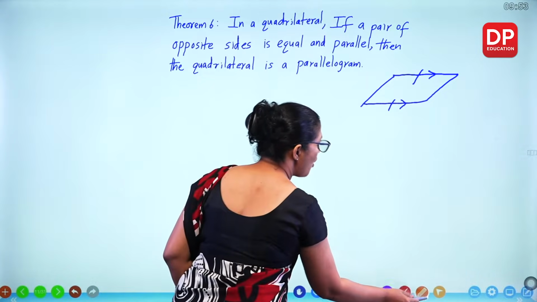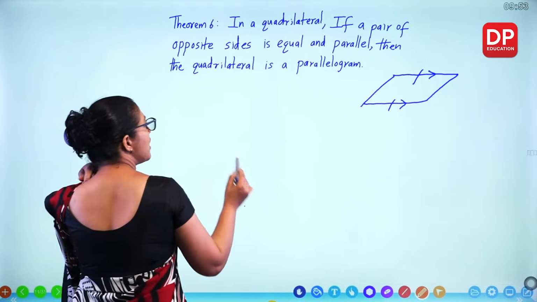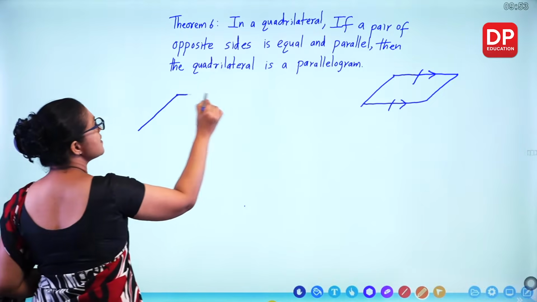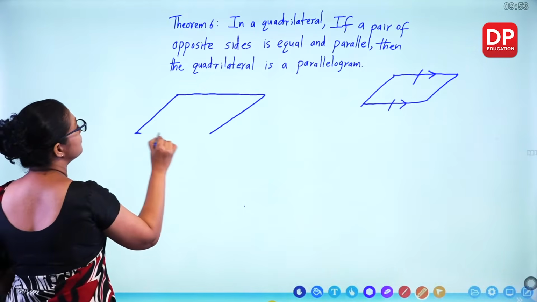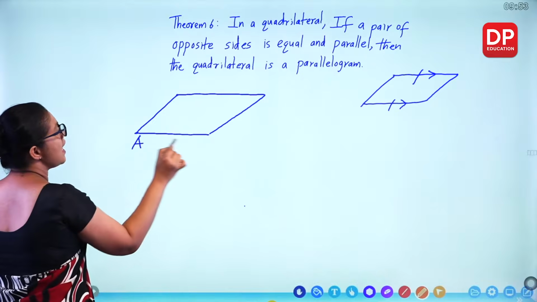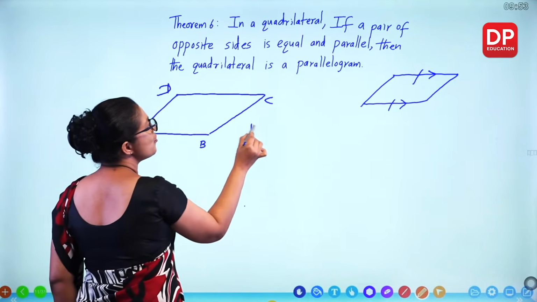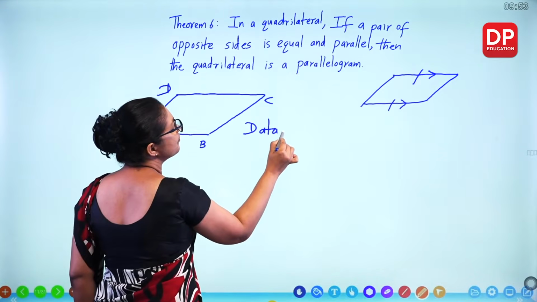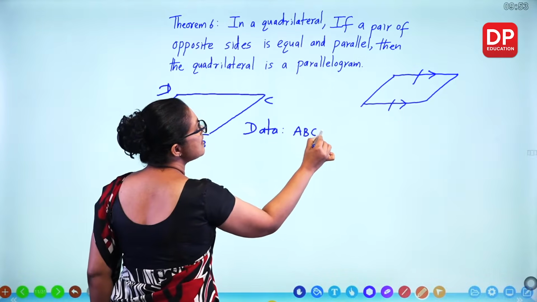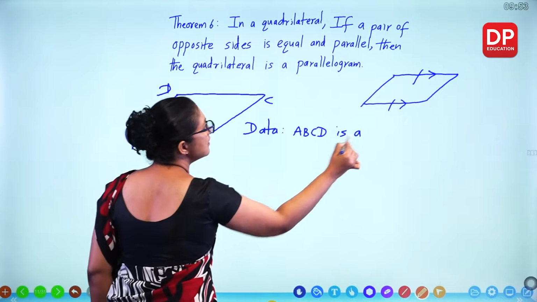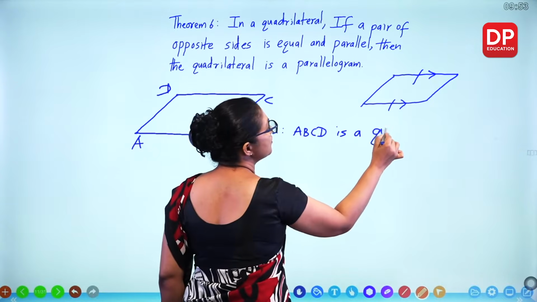So what do you know about this? We'll draw a quadrilateral first. I'll take ABCD is a quadrilateral.